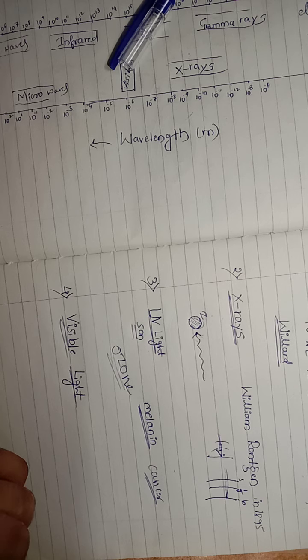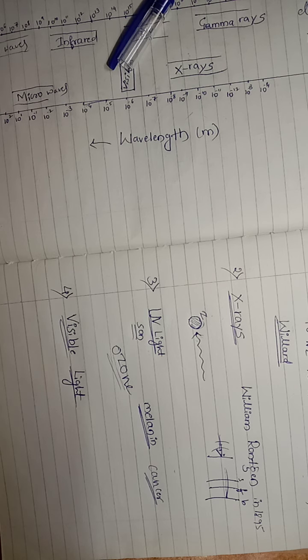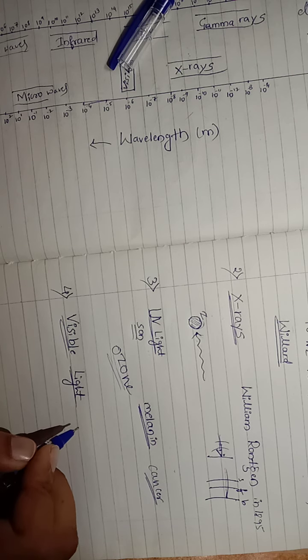Understood? So this visible light is the thing which creates the sensation for the human eyes. Means the sensitivity of the human eye: whenever you want to see any object, the light should fall on that object, then only you can see that object.